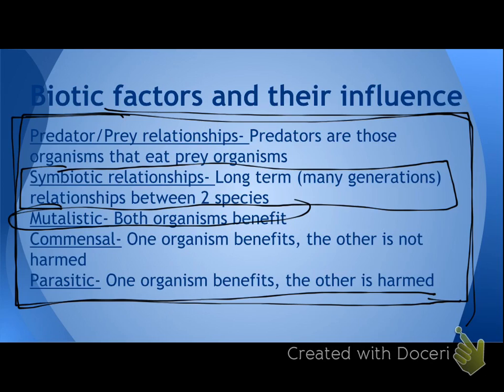Mutualistic relationships, things like us and our gut bacteria, us and dogs, there is a mutual benefit. On your vocabulary sheet, some of you probably saw the word mutual in mutualistic. Mutual means both people get something out of it. There's a mutual benefit. Commensal, one organism benefits, the other isn't harmed. And those are a little bit harder to come up with. A lot of those are like shelter situations.